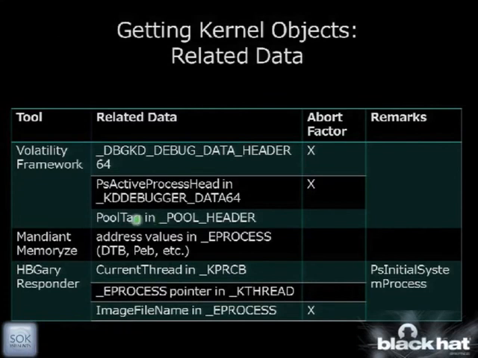Pool tag is used for object carving, but the alteration never causes analysis failure. We can't modify address values because the values are essential for process management. The current thread is not allowed to change because the modification causes a blue screen. The EPROCESS pointer in the thread also cannot be modified.